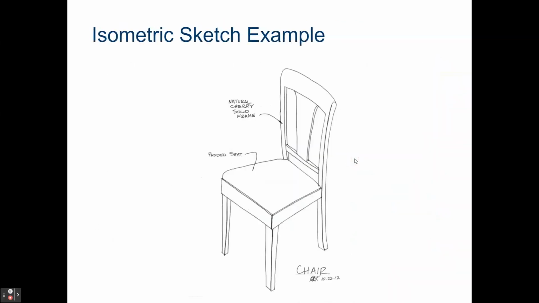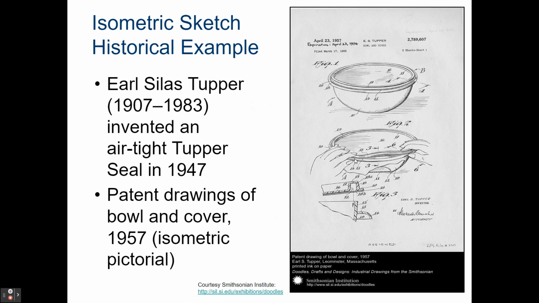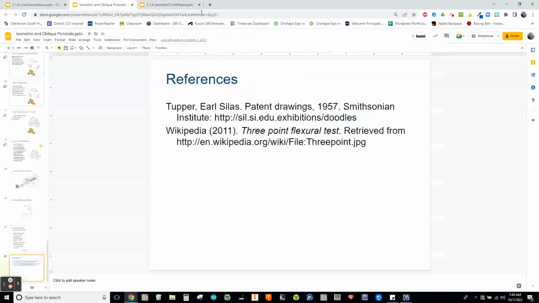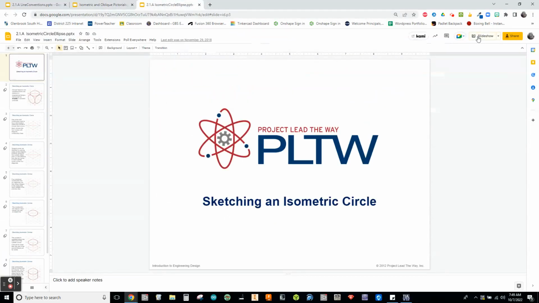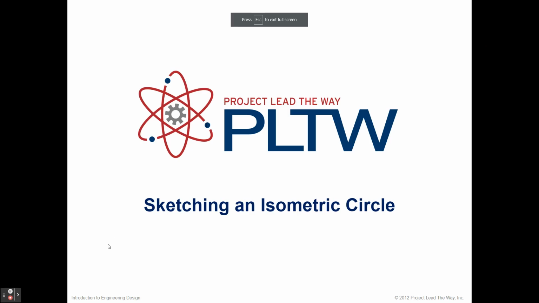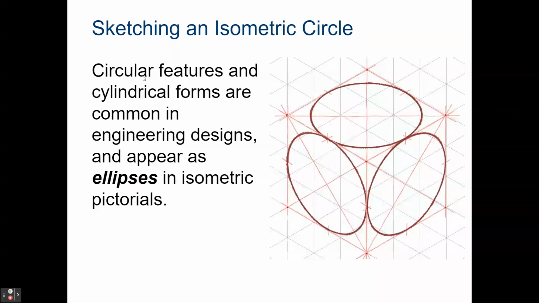There's some really great examples at the end of this PowerPoint presentation, some historical examples for you to reference as well. And then the last presentation here is just how to draw isometric circles and arcs. It's a little bit trickier, so allow me to show you that for a moment.